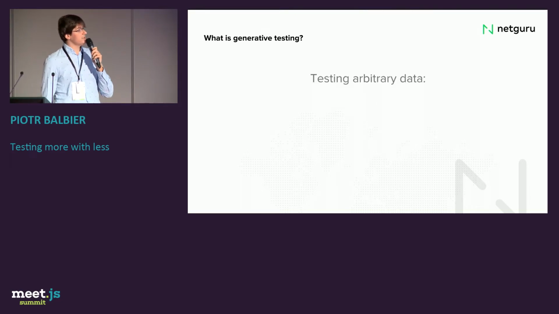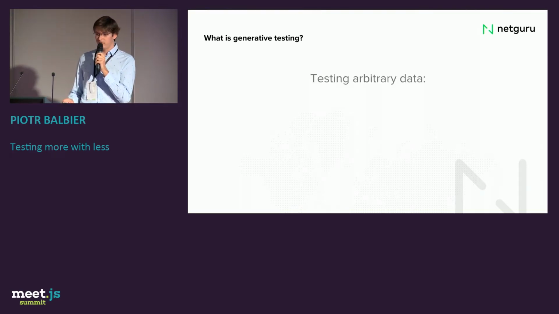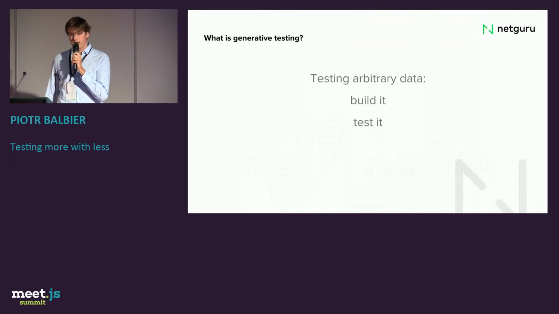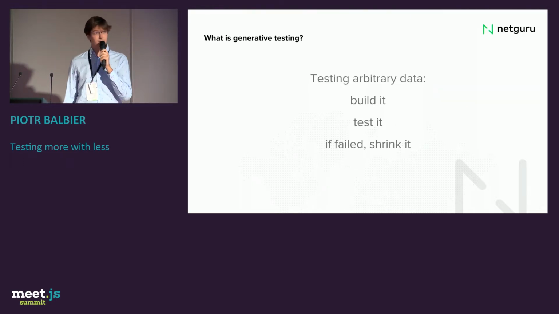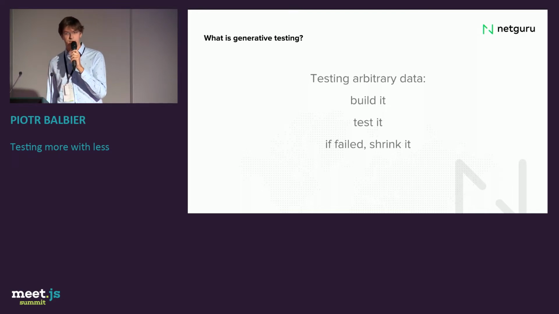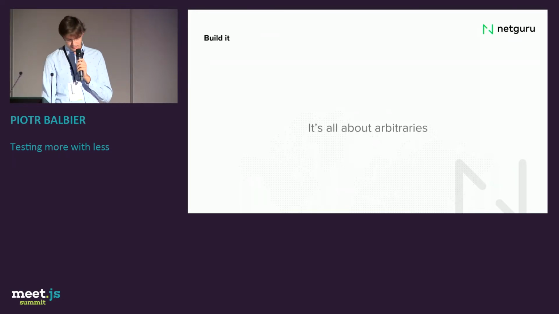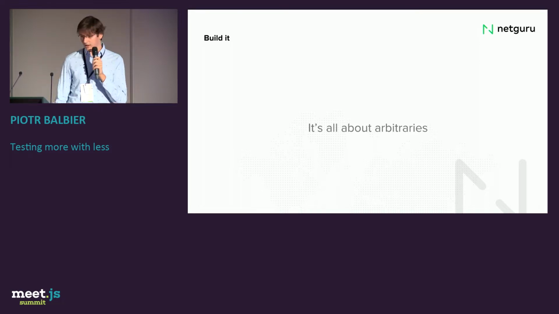So it's actually testing arbitrary data in 3 steps. First, we have to build the data, specify them in a way, then run the actual tests, and the most important part, though not all libraries for generative testing support it, is shrinking. And there's a concept called arbitrary.